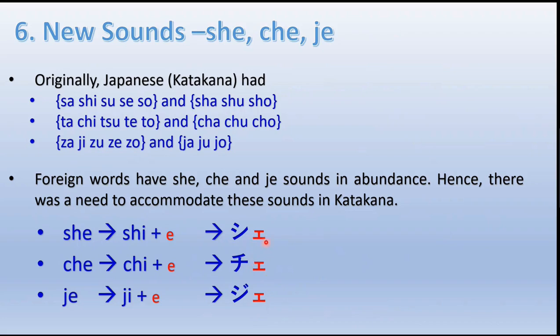So this is she, che, and je. We shall be applying all these newly formed sounds in the words which we will form in katakana, and this we will be doing in lesson number 15. So before that, lessons 13 and 14 will take you through all these rules that we need to keep in mind for forming words in katakana.